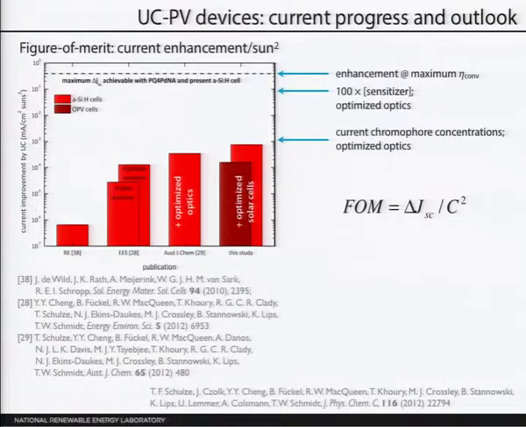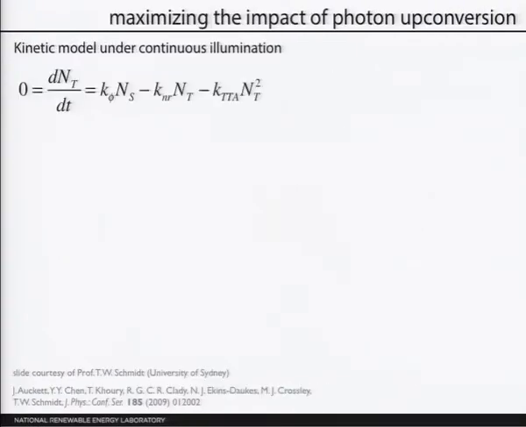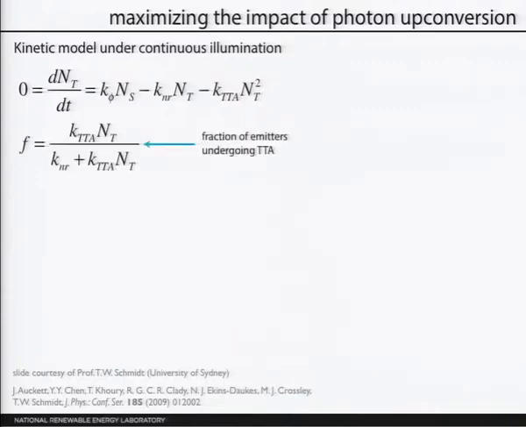And that kind of brings me to what kind of approaches we can actually take to maximize this photon upconversion, and maximize its impact in a photoconversion system. If we consider the system under steady state illumination, what we find is the fraction of emitters that undergo triplet-triplet annihilation is dependent essentially on the competition between the triplet-triplet annihilation process and the non-radiative decay of the triplet states.